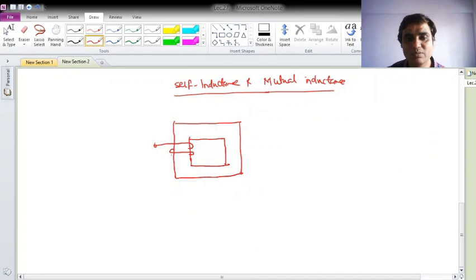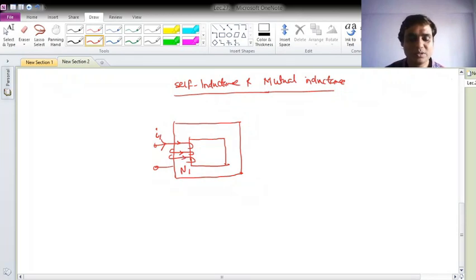This becomes a coil with a certain number of turns, say N1, and I will energize this coil, and suppose a current I1, let's say a time varying current, is flowing into this coil.